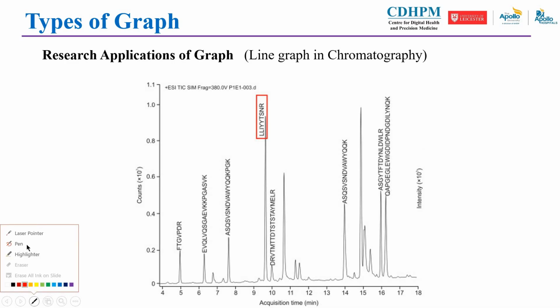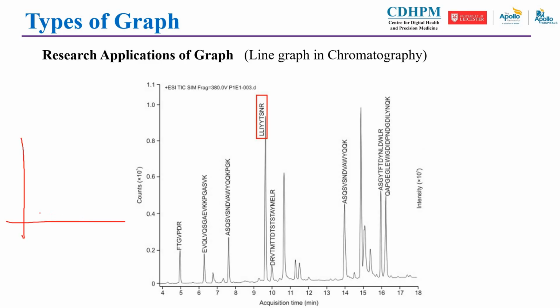For example, let's say I will plot a y-axis and an x-axis. You are having multiple data points. You are recording these data points, and when you connect the data points, it becomes a line diagram. So usually the data points go like this, where you connect them and you extrapolate the line here.